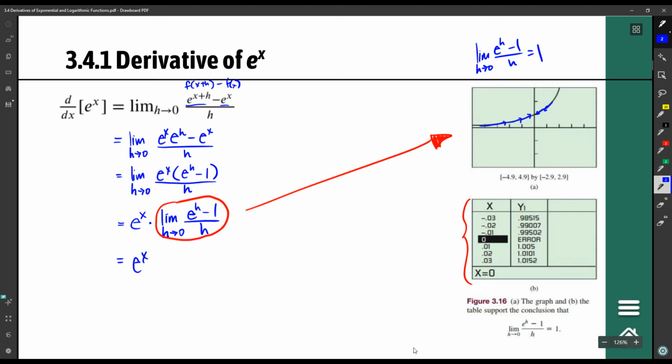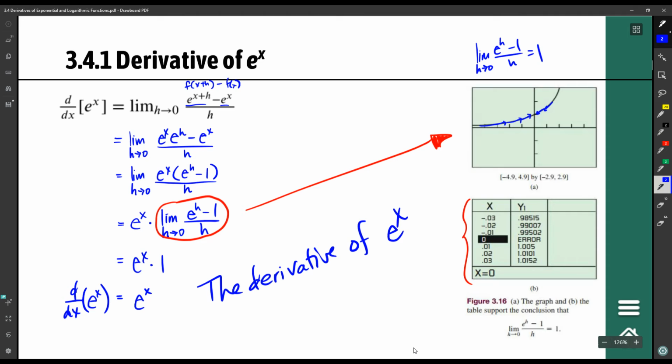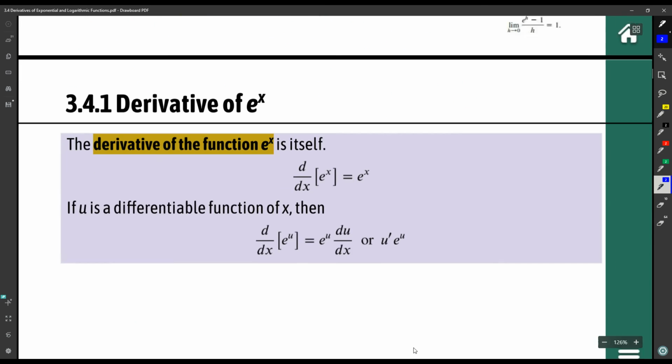So now we have e to the x times 1. And this result says that the derivative with respect to x of the function e to the x is itself. I'm going to write it here because that's so interesting. The derivative of e to the x is e to the x. It's the derivative of itself. So let's see that more formally then.